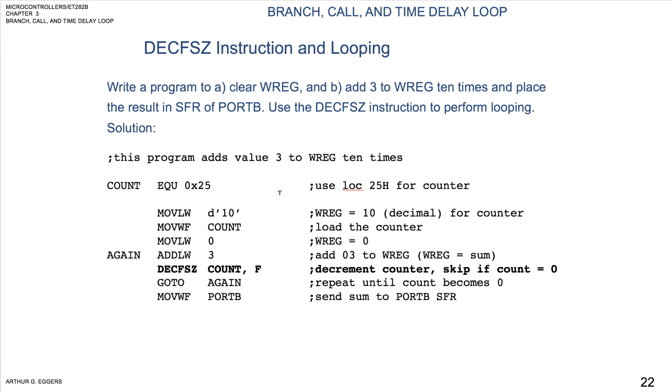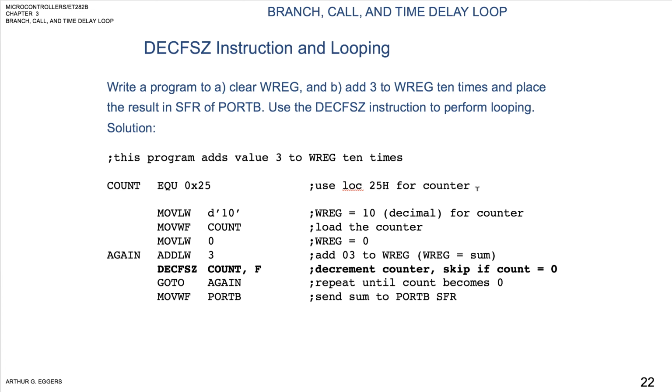So as we go through this line by line, we can see that we've got our count equaling a location, in this case the location 0x25, yet another way to identify values in our programs. It uses location 25 hex for a counter.